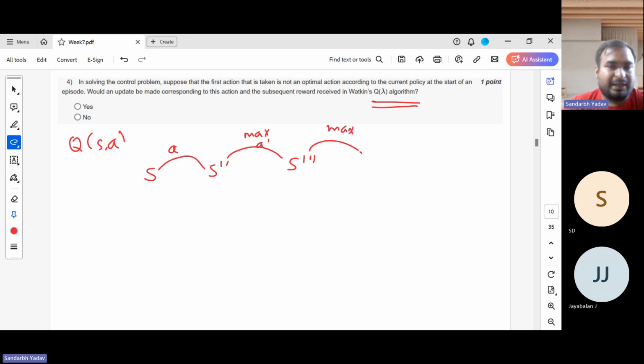So this taking of max starts from the subsequent steps, not the first step. In the first step, you always take the action prescribed by this Q, which you want to estimate. So will the update happen? Yes, an update will also be made for this first action.